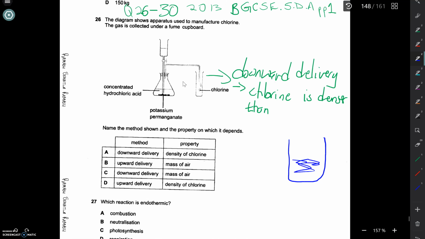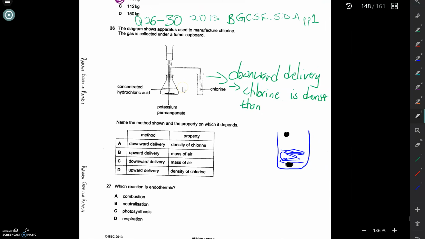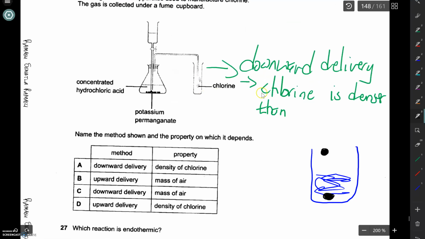When you drop a stone into the water, the stone will sink to the bottom, right? So the same thing is happening here, because chlorine is heavier or denser than air.